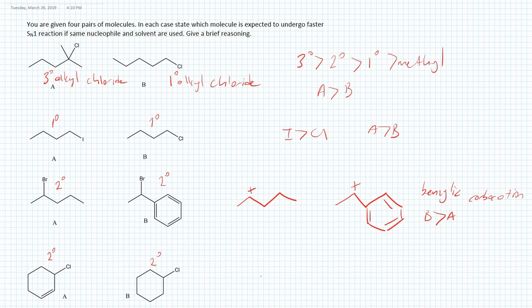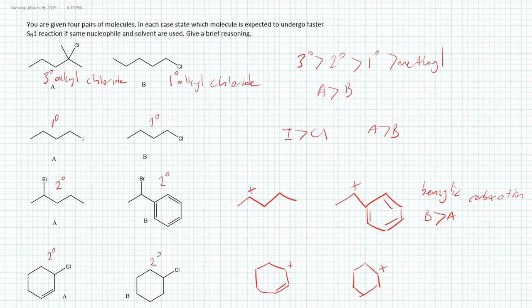Let's look at what kind of carbocation they will produce during the SN1 reaction. This molecule at A is going to produce a carbocation which is here, and that will have a double bond, and the other one is going to generate a similar carbocation, but it doesn't have any alkene functionality.